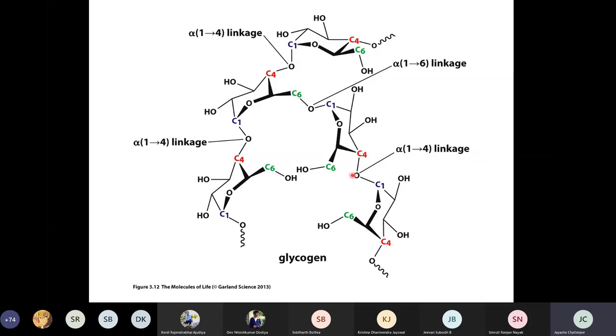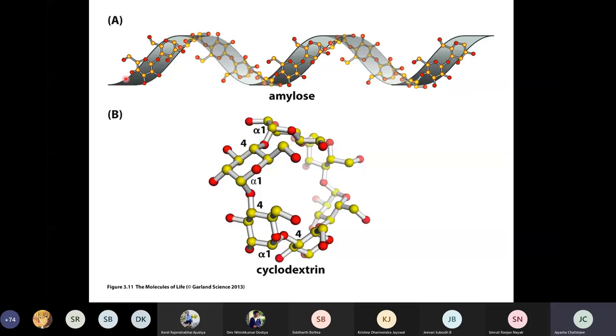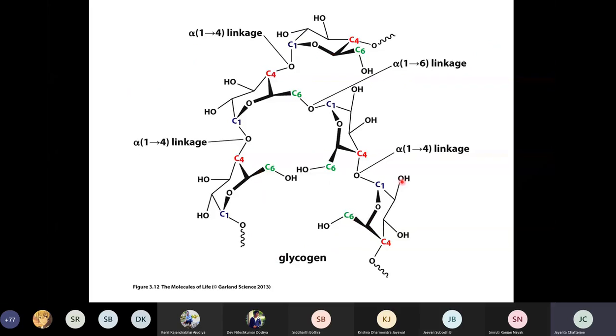So imagine in this amylose, the chain is going in a very nice helical manner, but suddenly you have a C6 hydroxy. This would be the C6, right? Another glucose unit can link here, and then you can have another branching through C1-C4 linkage. So a linear polymer, along with some branches. That is what you have in glycogen.